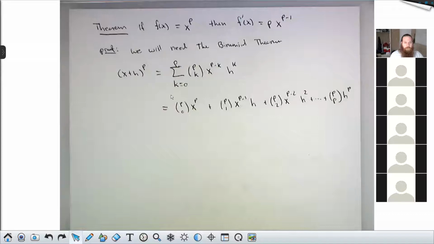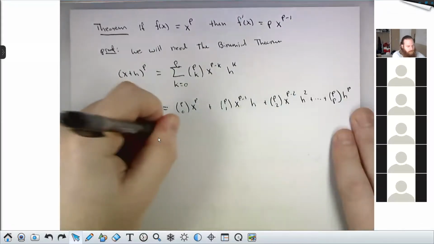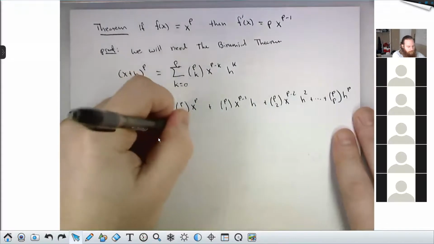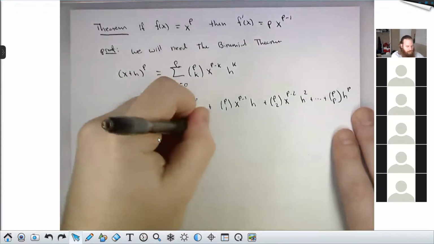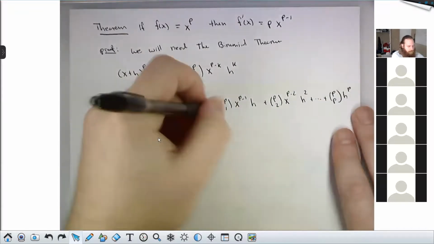The things out here are called binomial coefficients. Calculating them is a little bit complicated. It's done in terms of what are called factorials. I'm going to show you guys what the first few terms of this and the last term of it look like explicitly, and we'll use it like that so we don't have to burn time on this. P choose 0 is 1. So this first term is just x to the p. P choose 1 is p.